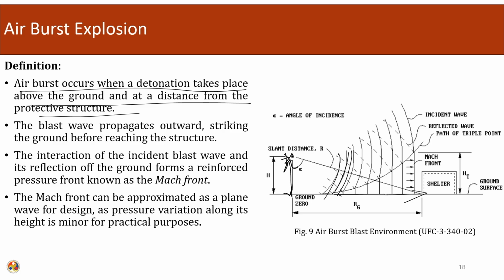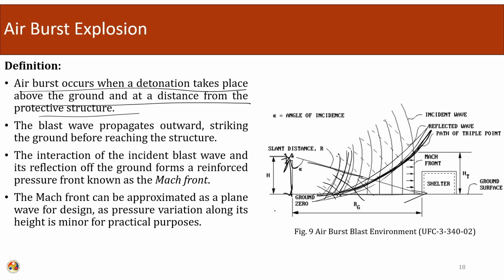So there will be an interaction between the reflected pressure from the ground and the incident pressures. And where it is reflecting, it will create this type of front. So this is known as the typical triple point.